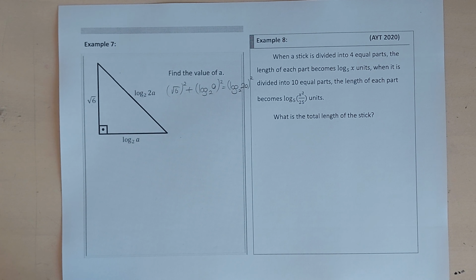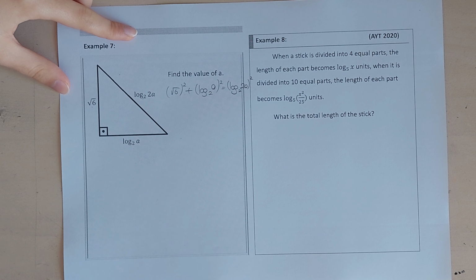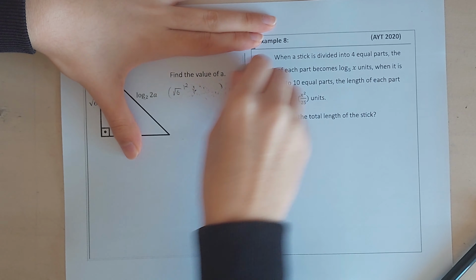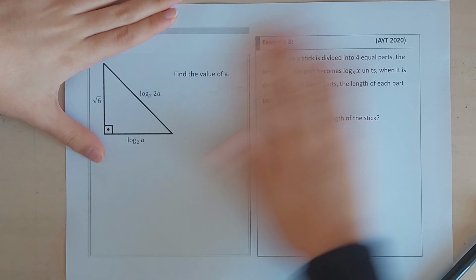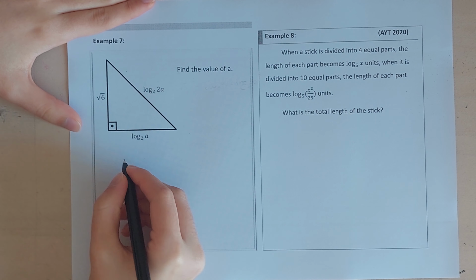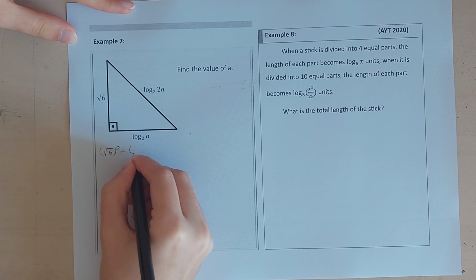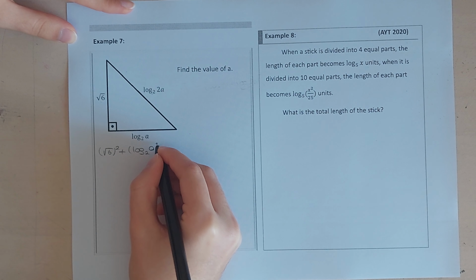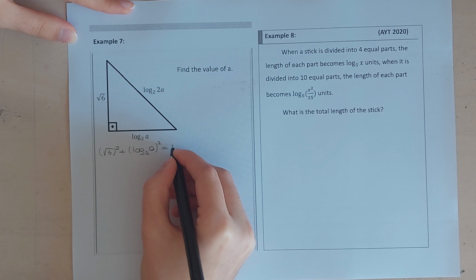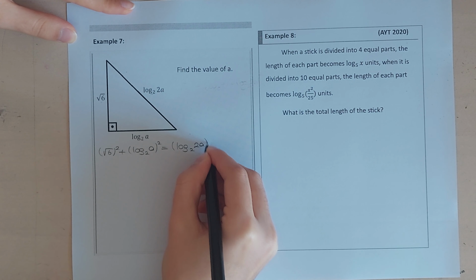Okay, before going any further, I will do some changes with this term because it will be much easier. Let's just write it in here and do our changes above. The square root of 6 plus the square of logarithm of a to the base of 2 is equal to the square of logarithm of 2a to the base of 2.